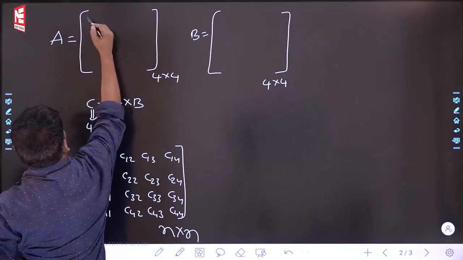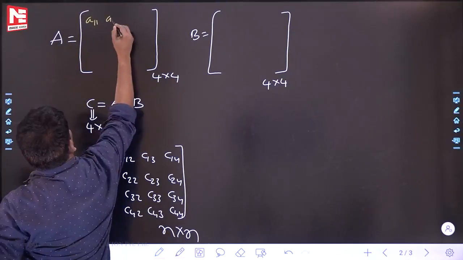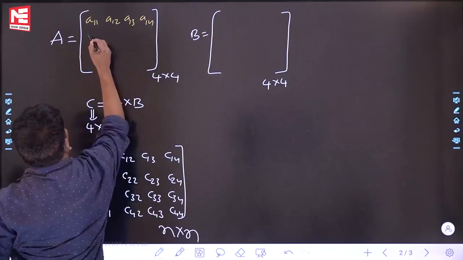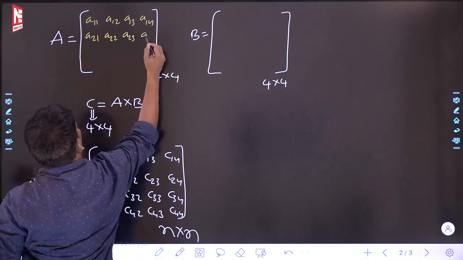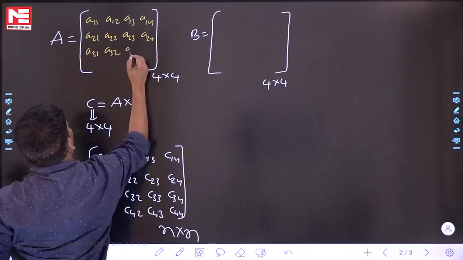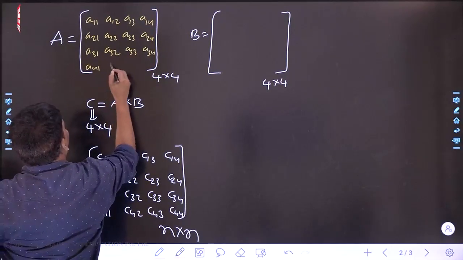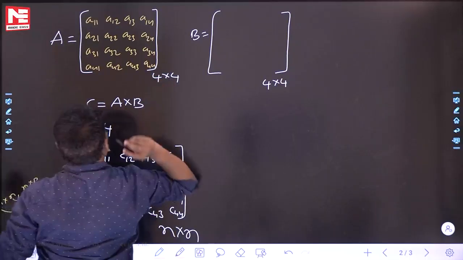See everyone now, it is the A. I am giving it in the normal way. A11, A12, A13, A14, A21, A22, A23, A24, A31, A32, A33, A34, A41, A42, A43, A44.